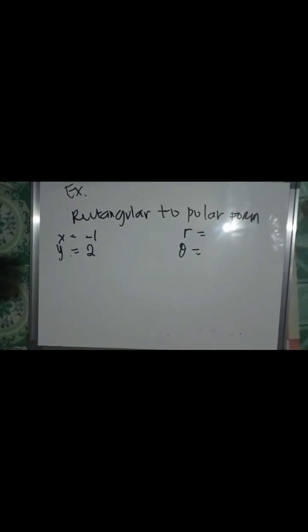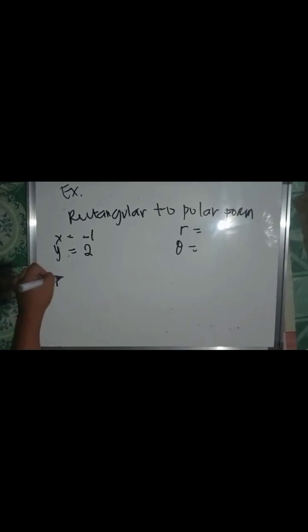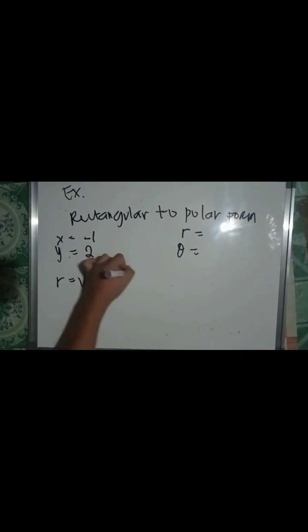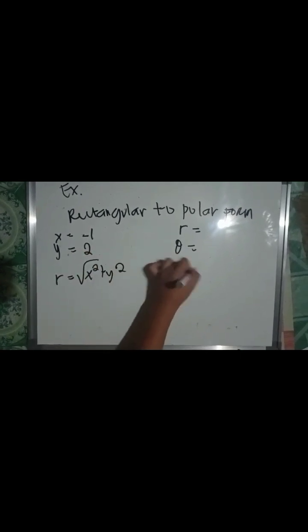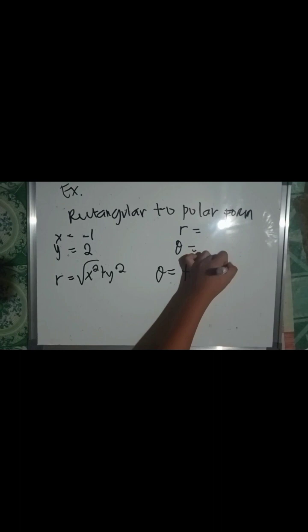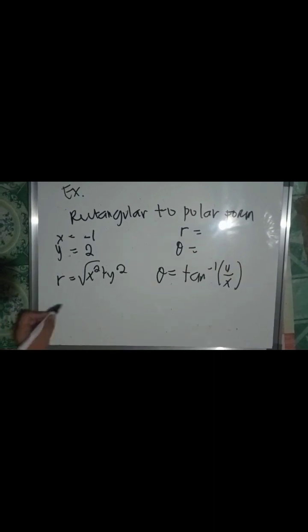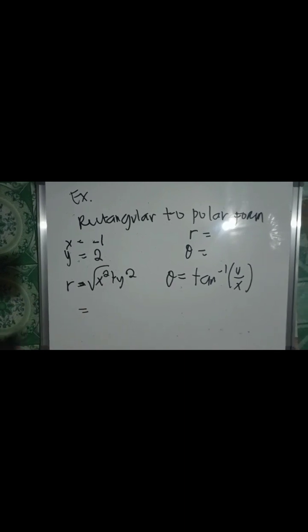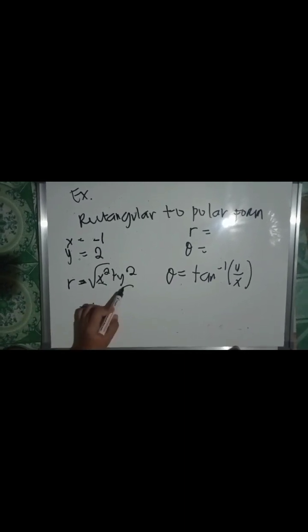Therefore, the formula we are going to use is r equals square root of x squared plus y squared, and theta is inverse tan quantity of y over x. First, we need to substitute the given x and y.